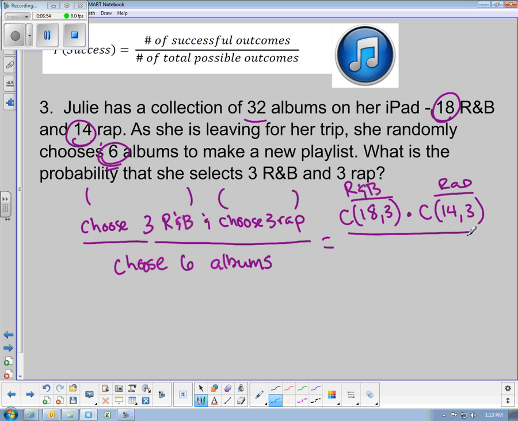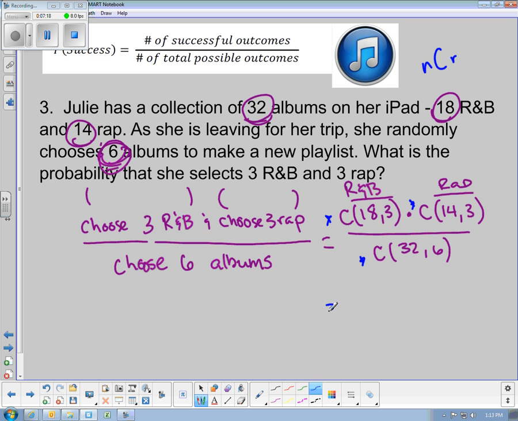All right, so now the total on the bottom. She has a total of 32 albums and she's choosing 6. So this would be the combination of 32 choose 6. All right, so that's what I need to plug into my calculator to find out. Now we can use that nCr option that we talked about in the calculator yesterday, find your combinations and plug them all in.